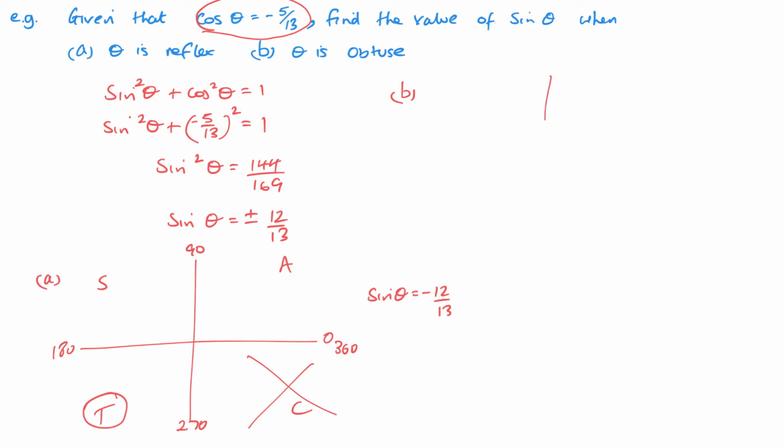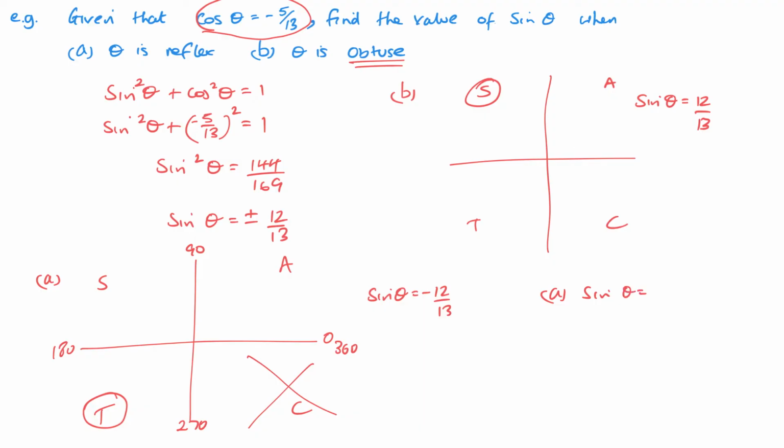And the same as before, I will do it again just to make sure. It's obtuse, so it has to be in this section where sine is positive. So this one, sine theta is positive 12 over 13. Okay, so your A was sine theta is negative 12 over 13, and for B we had sine theta is positive 12 over 13.